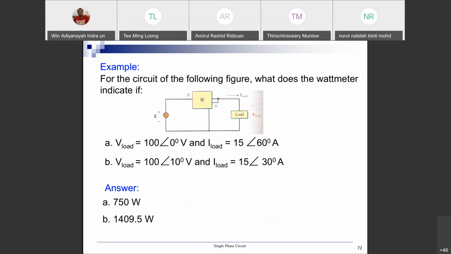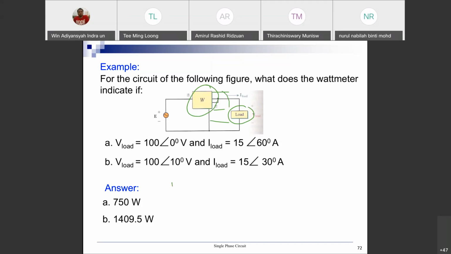What is the watt here? Let me write. Okay, this is the wattmeter. This is the load. This one will measure the one here, the right side. Okay, what will be the watt then?